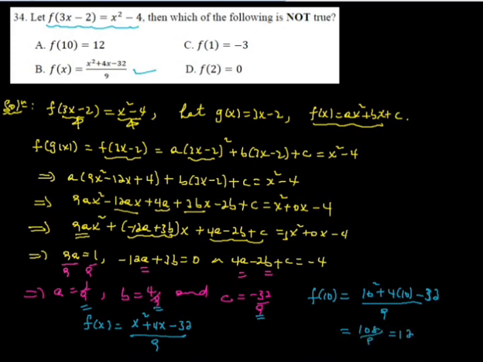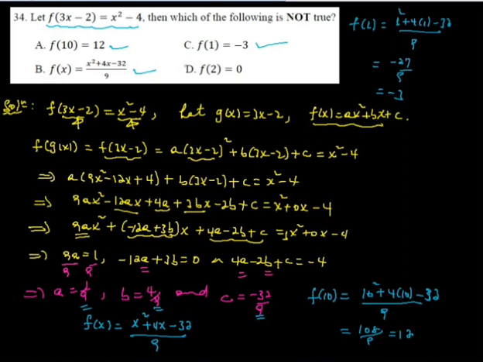The result is 12. So still B is also true. Let's check for the C case. In C, f of 1 means 1 squared plus 4 times 1 minus 32 over 9. The result is minus 27 over 9, which is minus 3. So still this is true.